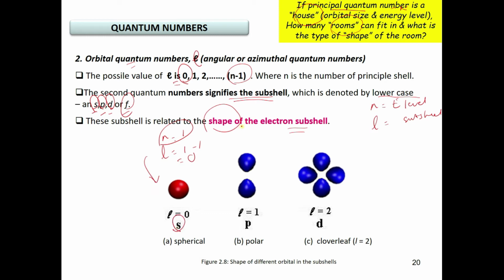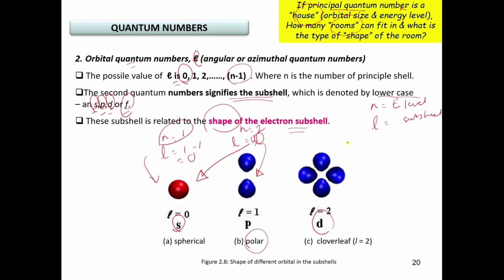If N is equal to 2, you can have L equal to 2 minus 1, which is 1, and also 0. So you have 0 and 1, where 0 is the spherical orbital, which is the s orbital, and 1 represents the p orbital, also known as the polar orbital. We can also have the d orbital or clover leaf.